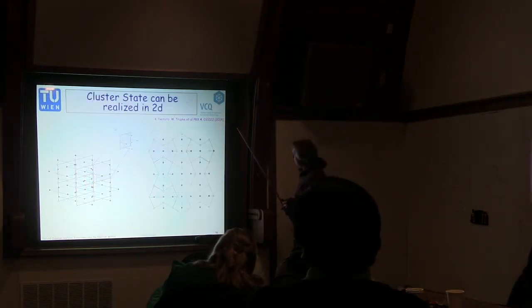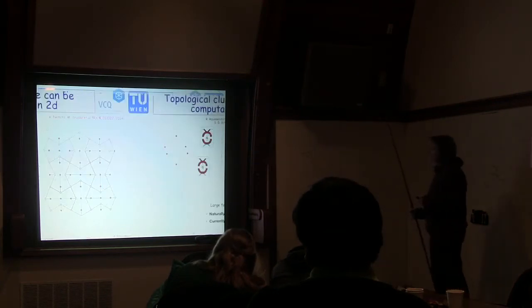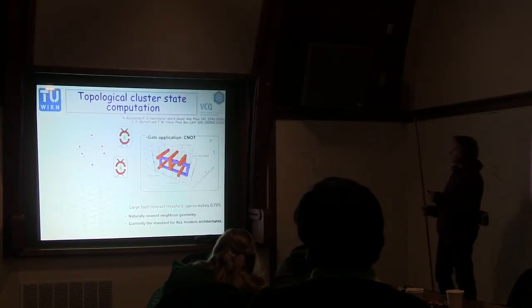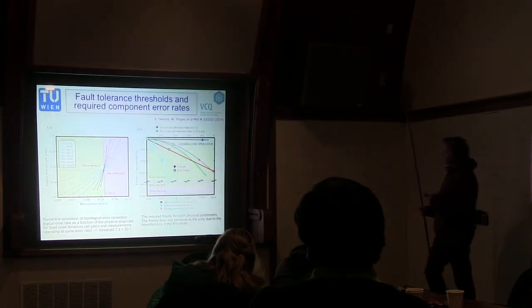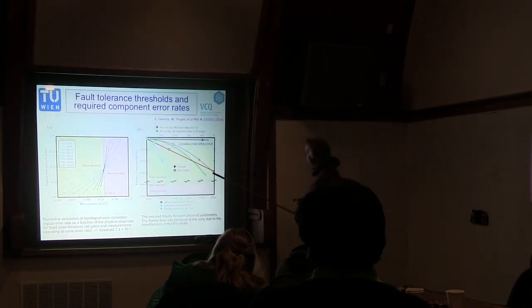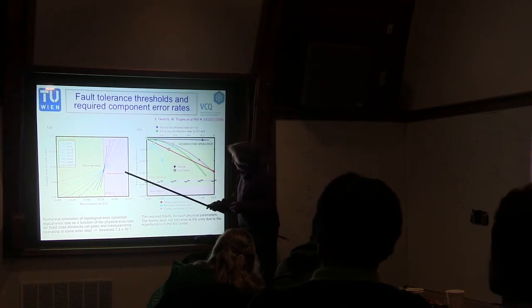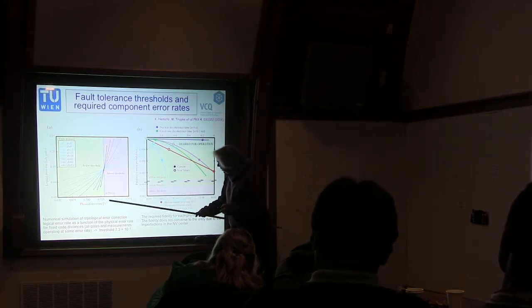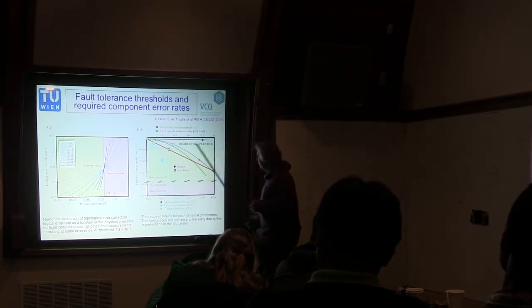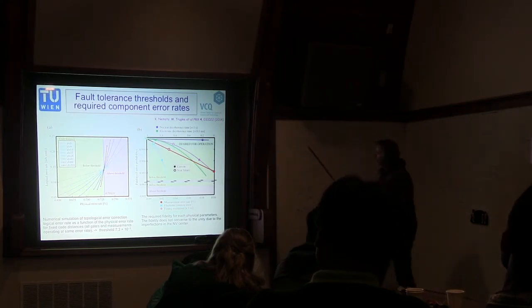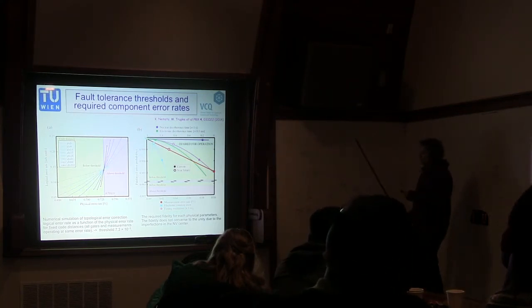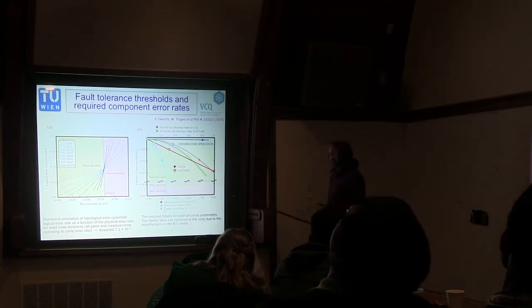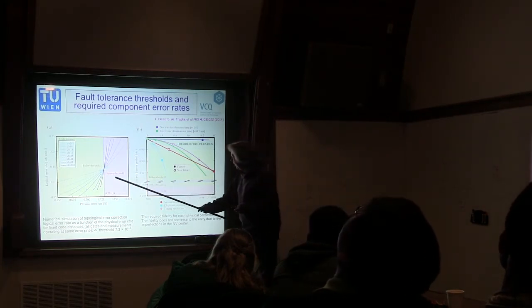This is where I said build a topological gate. You can find out how you do that, and in the end you get to a regime where, if you can do all the operations better than 99.3%, you would be better than the threshold of fault tolerance, and you can do error correction.